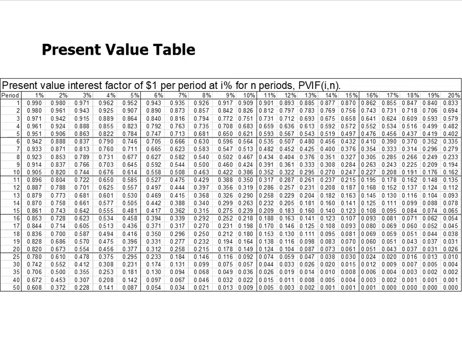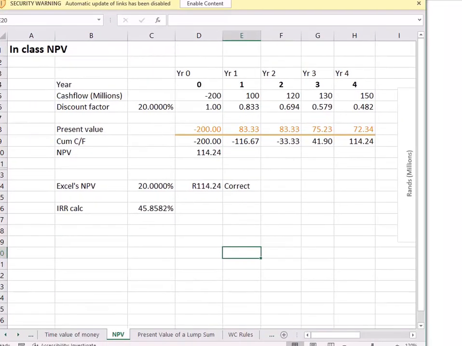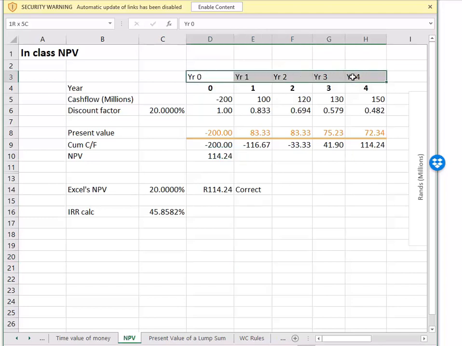So what I would like to do is introduce you to some numbers that we might use to demonstrate how we use this information. I've called this an NPV example, and I'm going to show you effectively 5 years worth of information for an investment that this company is considering. This investment requires the company to spend 200 million Rand.